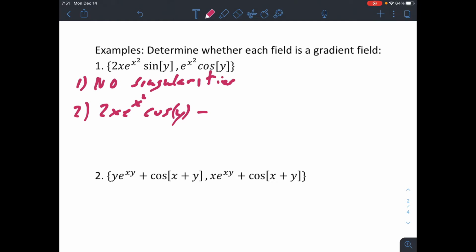So you're going to basically take the derivative of the e to the x squared using the chain rule, and not taking the derivative of cosine because that's just a constant. And a little finagling there tells you those two are the same. So if you subtract them, you get 0. So this would be a gradient field.